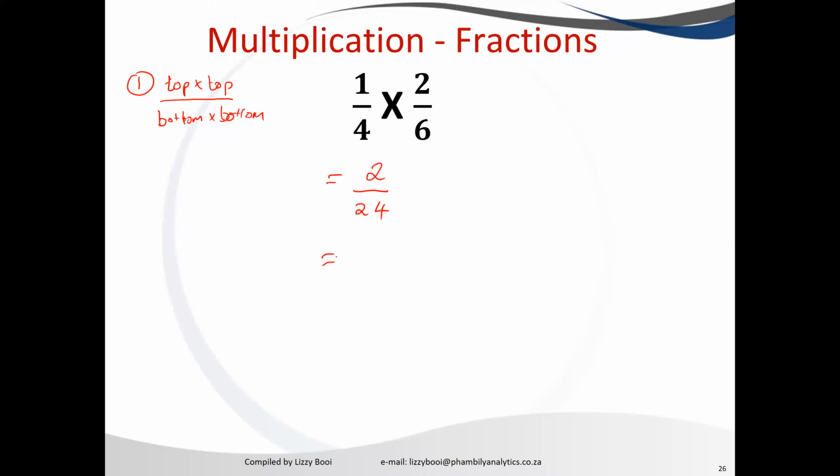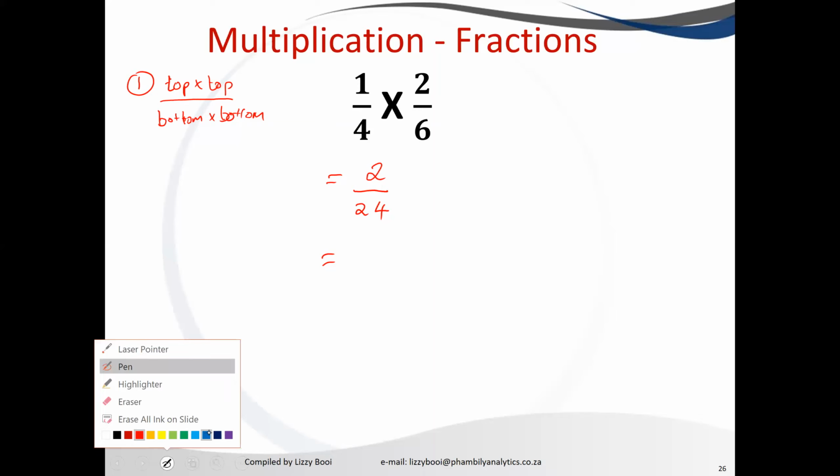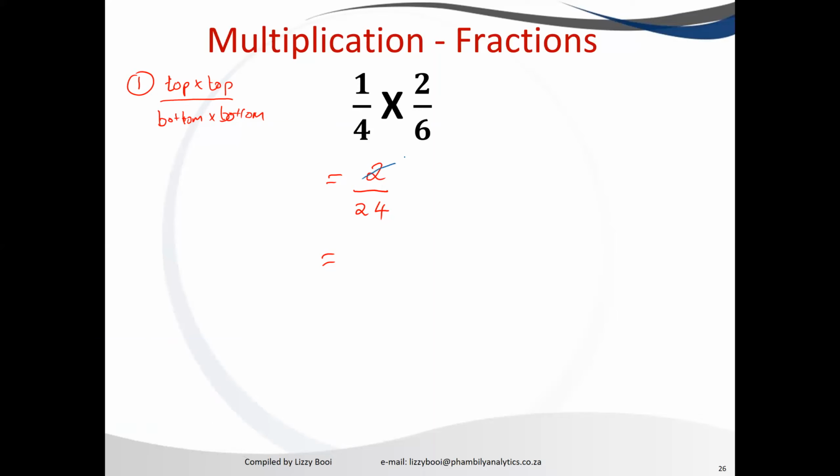And with 2 and 24, 2 can go into both of them. 2 goes 1 time into 2, and it goes 12 times into 24. And the answer we end up with is 1 over 12. And that is showing you the step where we multiply the top with the top, the bottom with the bottom.